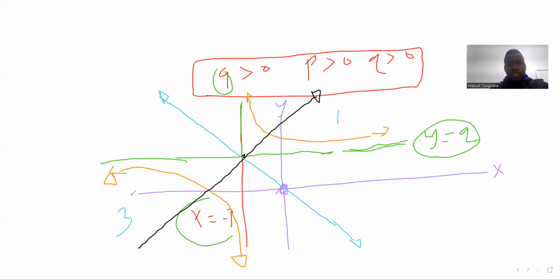So if our graph was sitting in this quadrant, then this line, the blue one, would cut our graph into two parts. But since our A is positive and the graph is sitting in 1 and 3, this line is the one that is cutting the graph into two parts. Otherwise, the blue one will do the job, right?